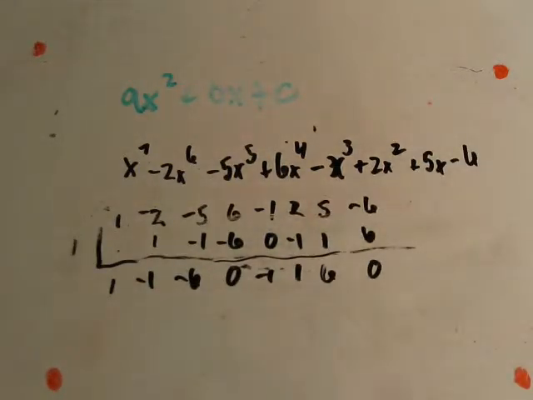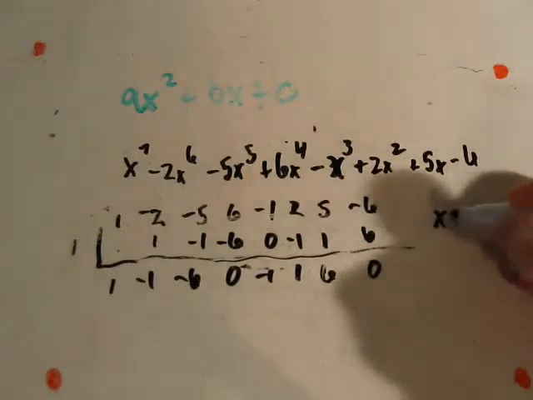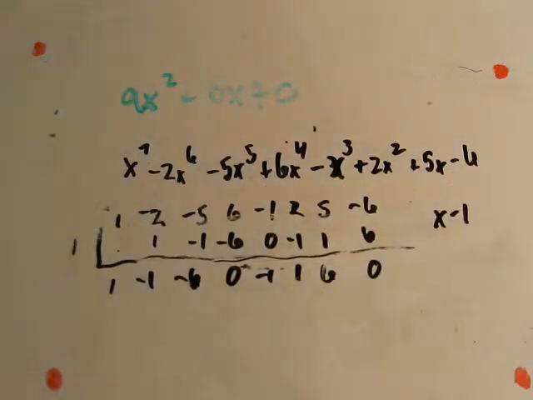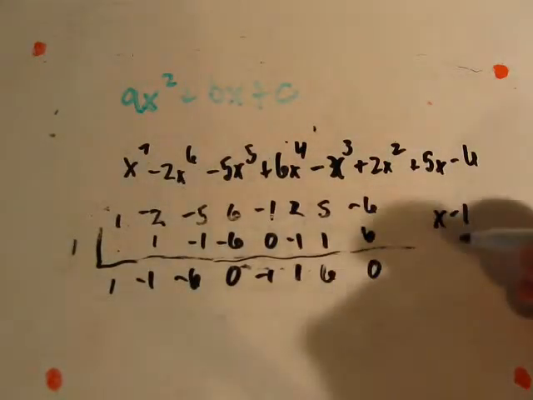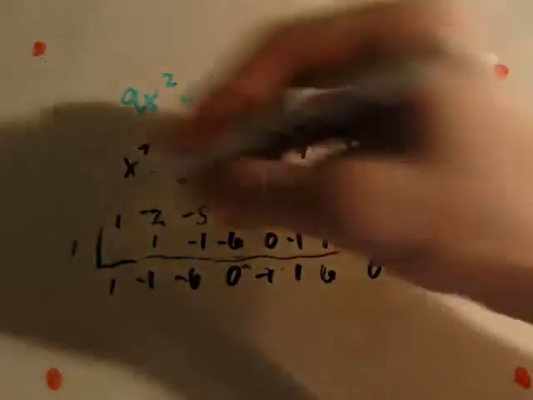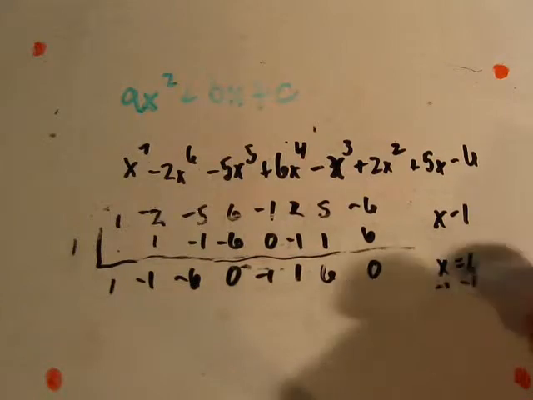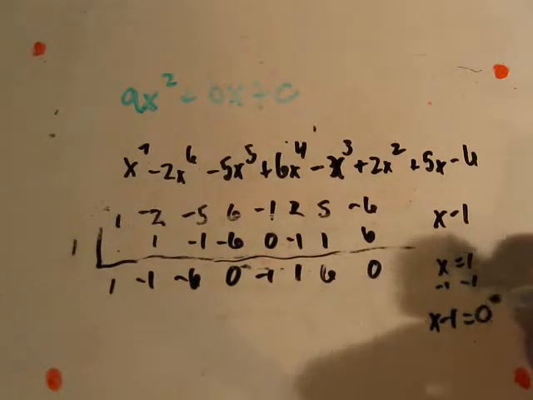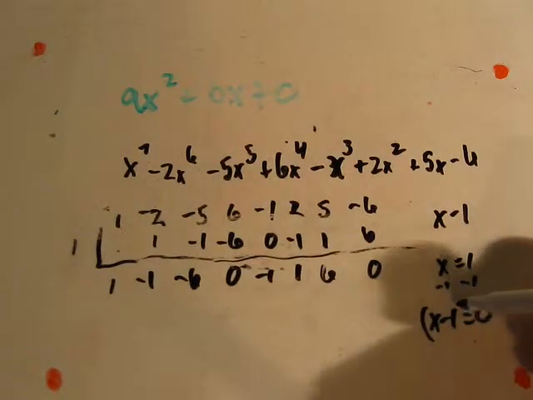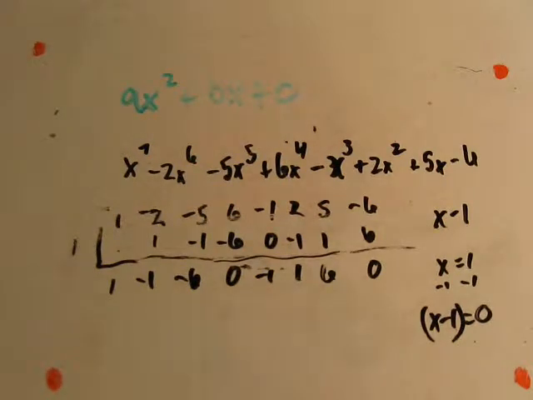So that means that x minus 1 is a factor of this problem, because x equal to 1, or x minus 1 is equal to 0, as you recall, is how we find out what we get when we do our factoring.